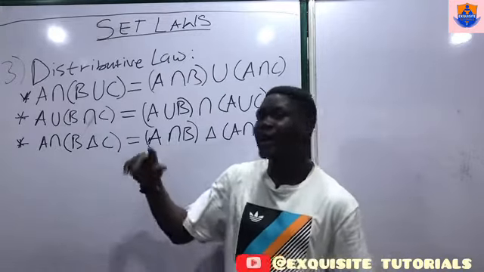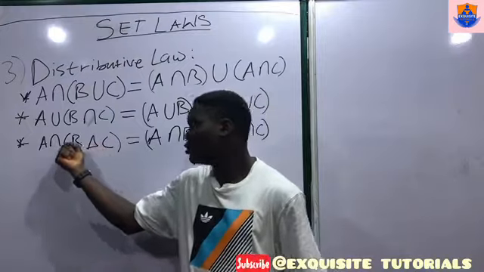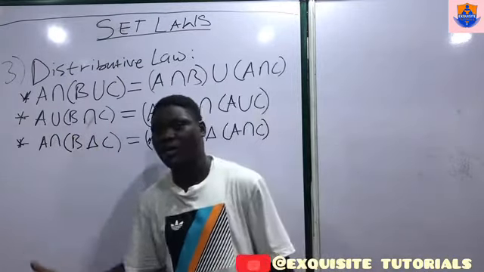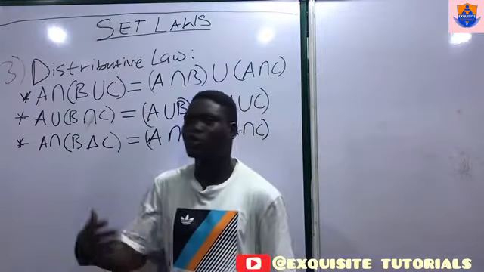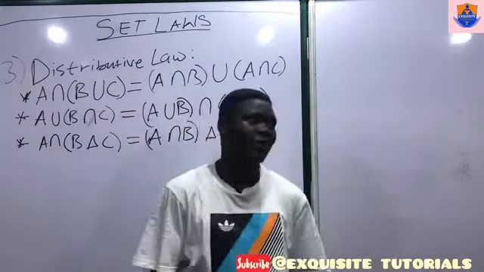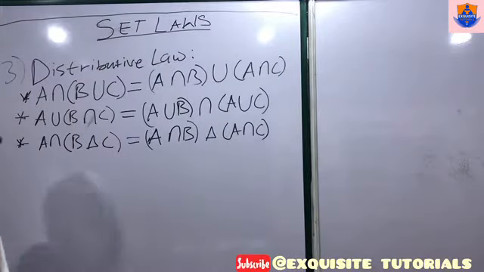You can also try if symmetric difference is distributive over union or vice versa, and state in the comment section what your result is. But these are the three basic distributive laws. So let's kick off and start verifying these laws.